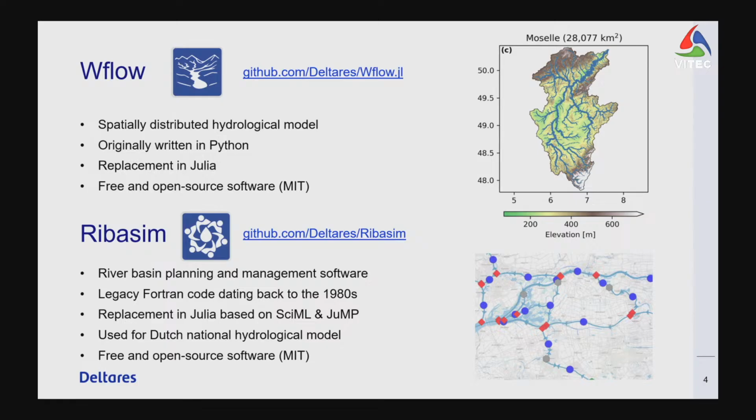One is moving over from Python that had part of its core in C++ for speed, but the one I'm mainly working on now, the water resources model, that's also used as the Dutch national hydrological model. That's basically a renewal.